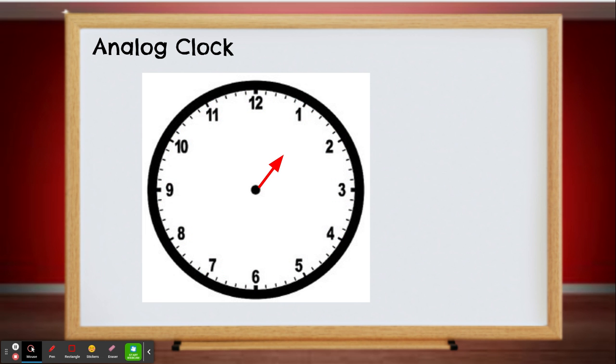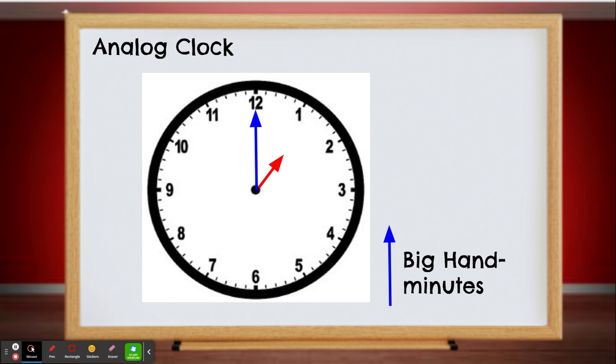The hour on our time right now is helped by the big hand, which is the minutes hand. And this minutes hand, when we're looking at it pointing to our 12, doesn't represent 12 minutes. What it represents is o'clock.